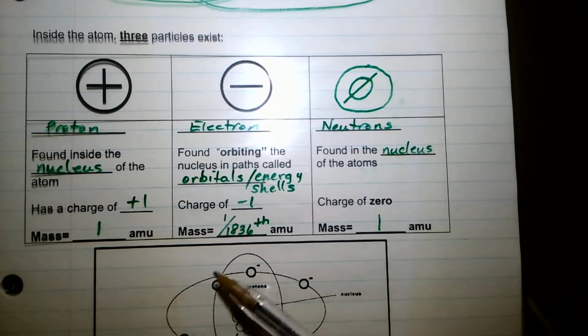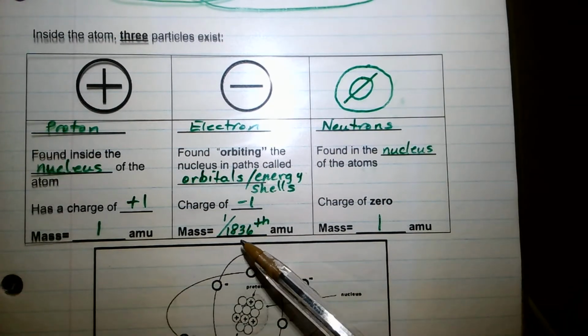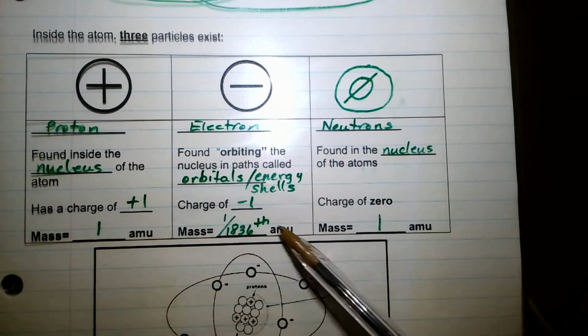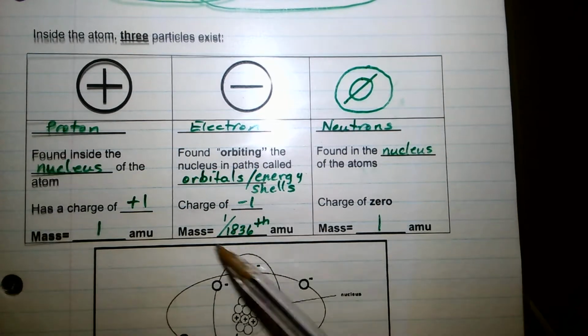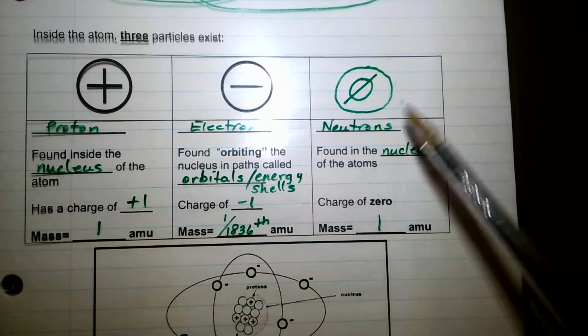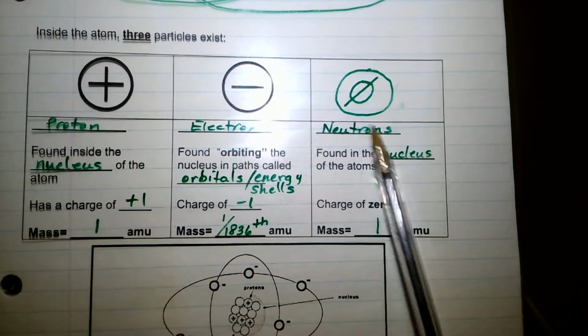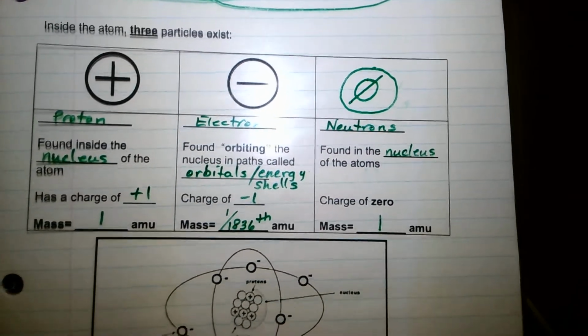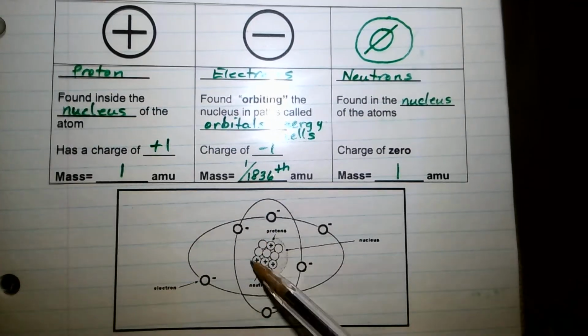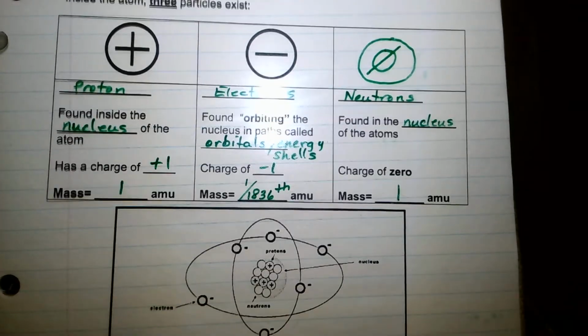Their charge is -1, and their mass is 1/1,836 of an atomic mass unit, so we technically say there's no mass there. And then you have your neutrons, which are also found in the nucleus. That's why the mass is the neutrons and protons, and they're also 1. And then we have our picture, protons, neutrons, and then our electrons orbiting on the outside. That one was pretty straightforward. Okay, that was what is an atom.